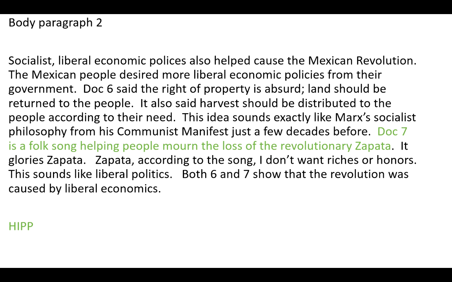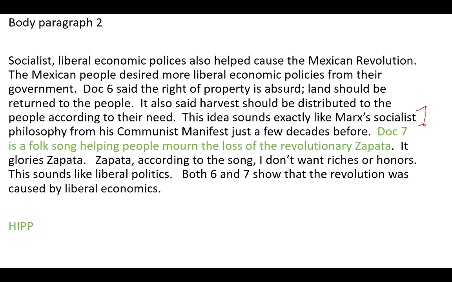Land should be returned to the people. It also said harvests should be distributed to the people according to their need. This idea sounds exactly like Marxist socialist philosophy from his Communist Manifesto just a few decades before. All right, so there I'm trying to bring in outside information, hoping to get the complexity point.